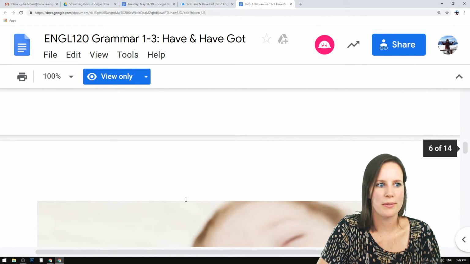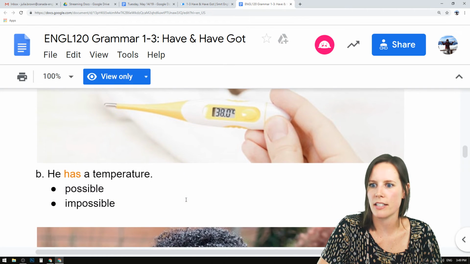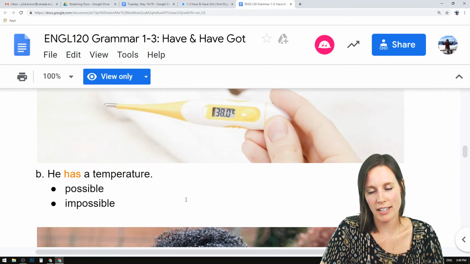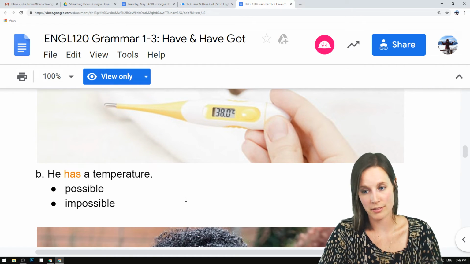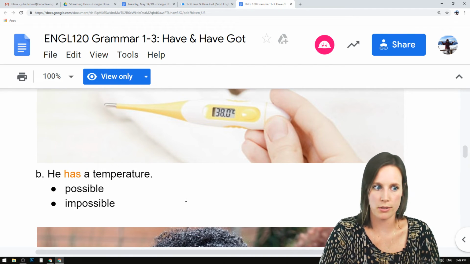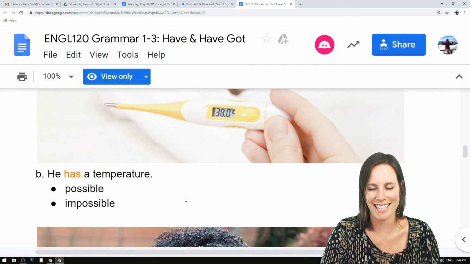Okay, so let me continue here. B, he has a temperature. Can you say in the chat if you think it's possible to say he's got a temperature? Just write possible or impossible. Tatiana, you're saying possible. Okay.